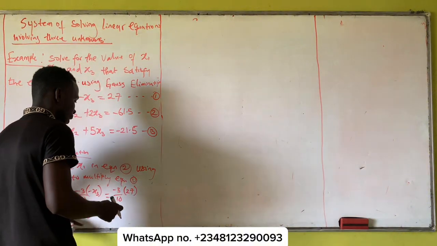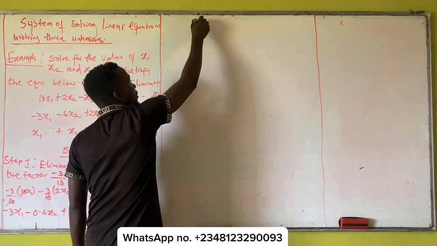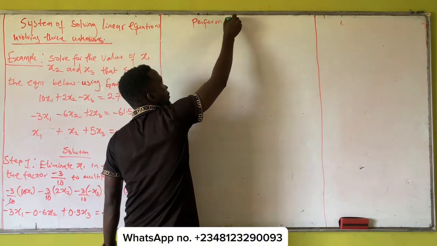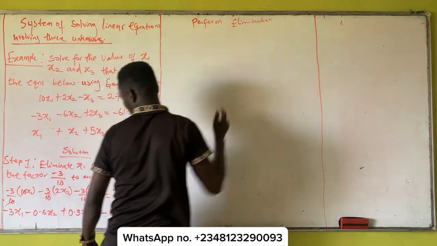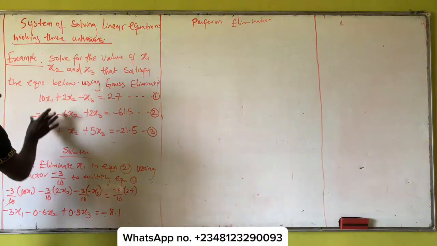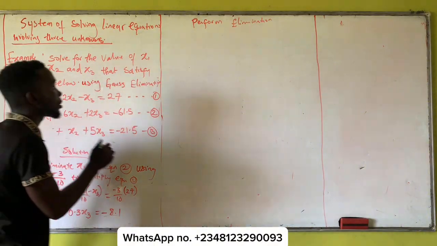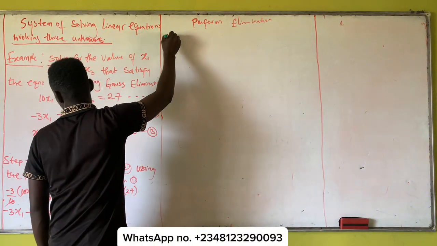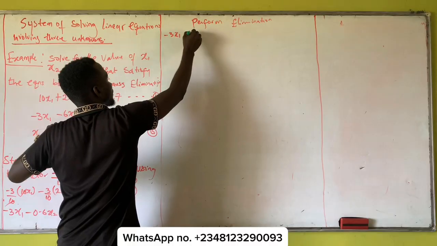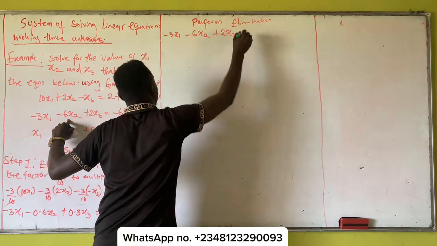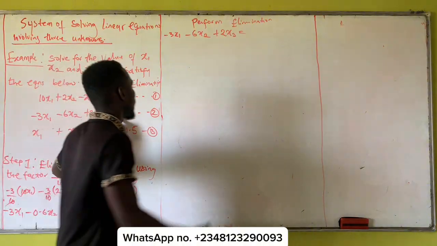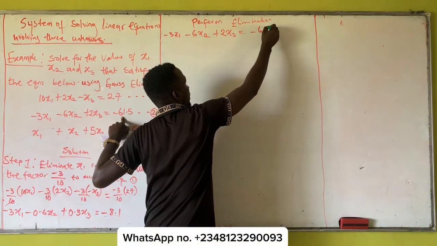Now, since you have done this, the next step is to perform the elimination. Remember we are trying to eliminate this. To eliminate this, equation 2 is minus 3x1 minus 6x2 plus 2x3 equal to minus 61.5.